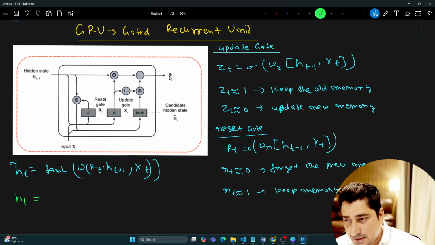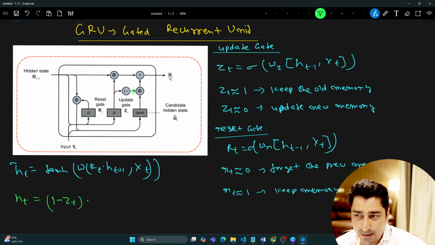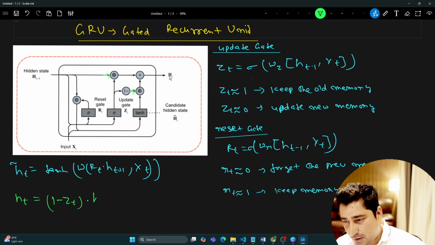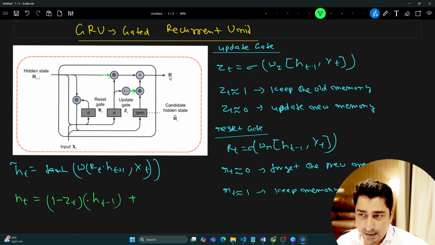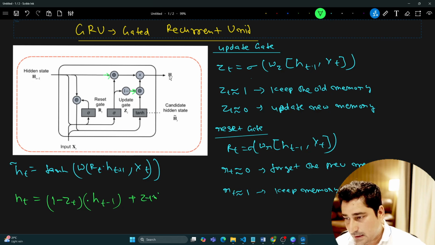So here it is going to be 1 minus Z of t into HT minus 1, plus Z of t into h tilde of t, which is nothing but the candidate hidden state.